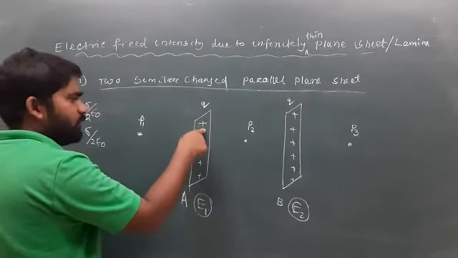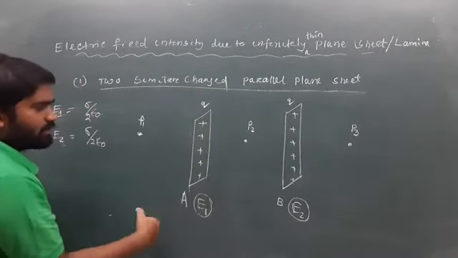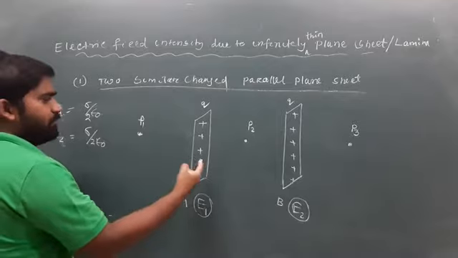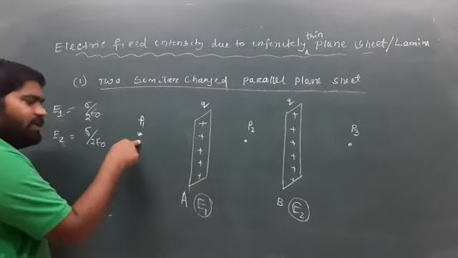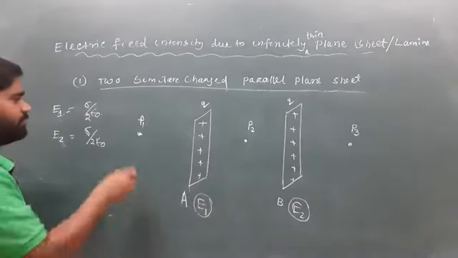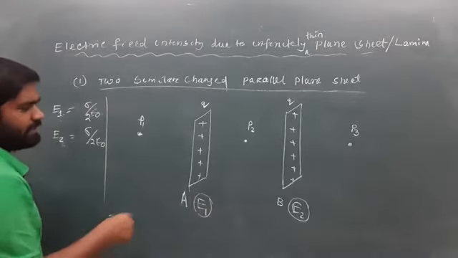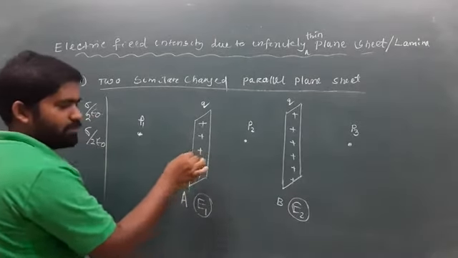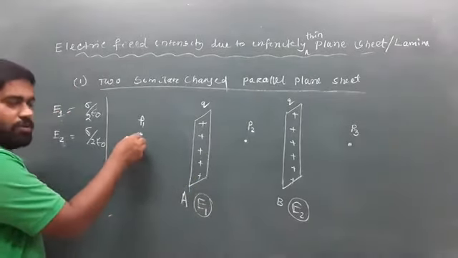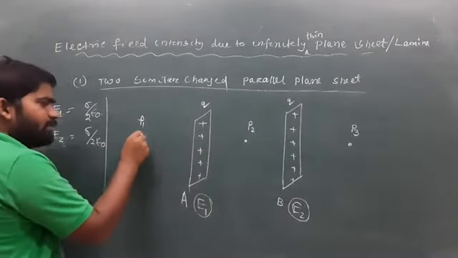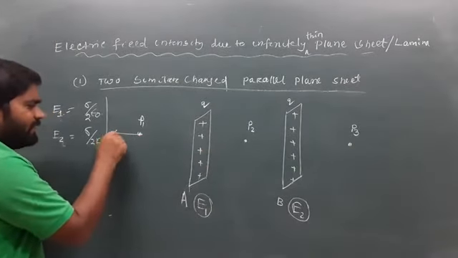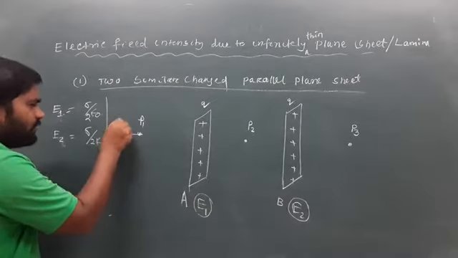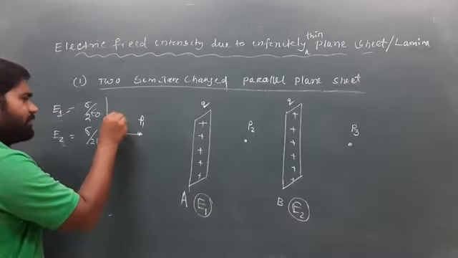Okay, so this one is positive, and when we consider effect of plate A at point P1, what we find? Effect of plate A, that is positive, and this one is also positive, and when this affects point P1, we find a repulsive force. So that will be direction of E1.